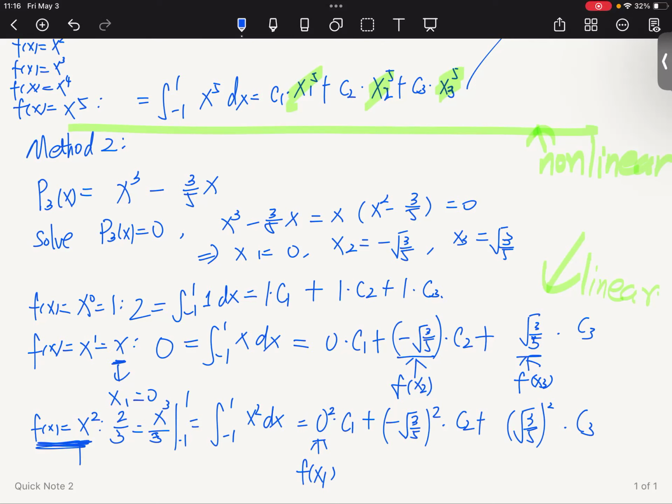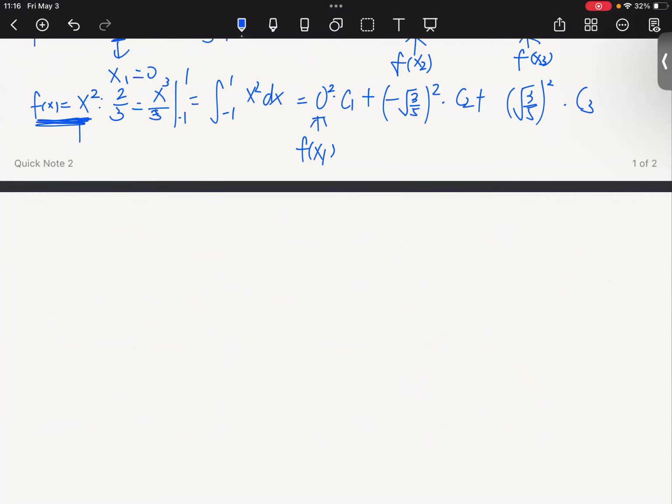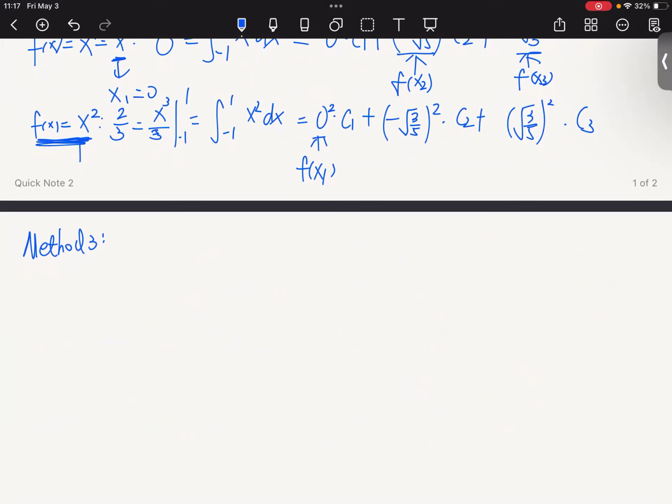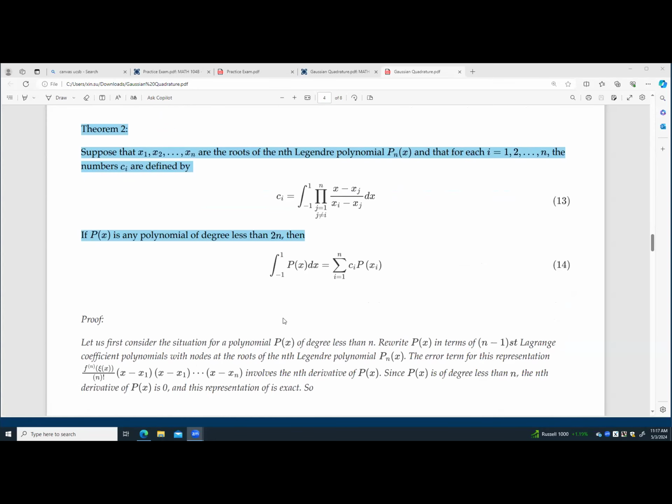And here, there's method 3. It depends on your preference. For these 3 methods, personally, I love method 2. And then method 3 is just using the whole idea from theorem 2.